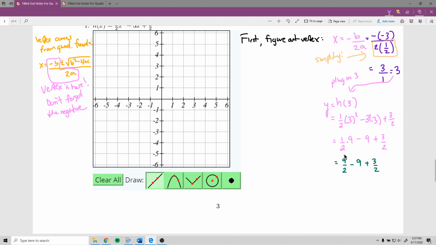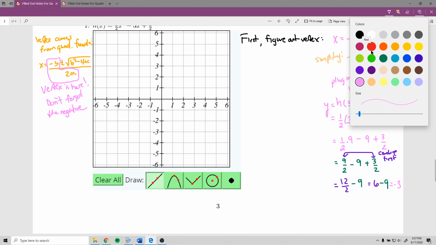Since these two have the same, combine them first and see if it simplifies. And so 9/2 plus 3/2 is 12/2. And then we have our minus 9. And you see the reason this works out so well is 12 over 2 is 6. So the fraction actually goes away without needing a common denominator, and 6 minus 9 is negative 3.